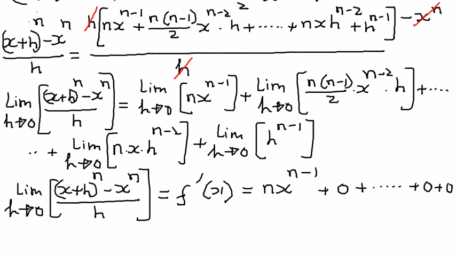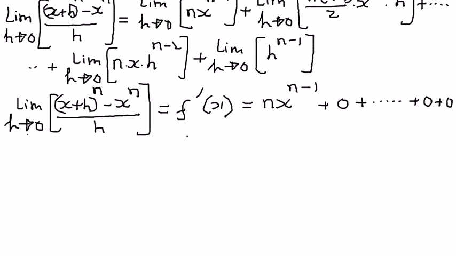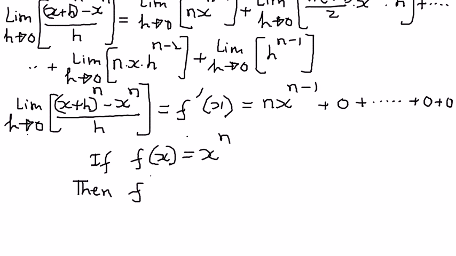And therefore, we can come back and say, if the given function f of x is equal to x to the power of n, then the first derivative of that power function is n x to the power of n minus 1.